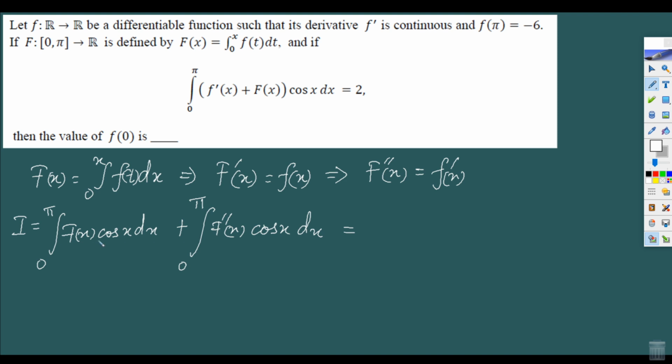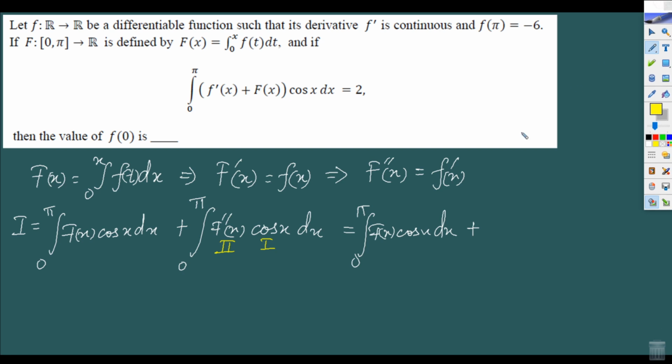To get the value, I start again with the integral from 0 to pi of f of x cos x dx, leave it as it is, and start working with the second one, because this has a second derivative, so I would have to use integration by parts. Since I want the second derivative in easier terms, I'll take this as the second function and this as the first function.